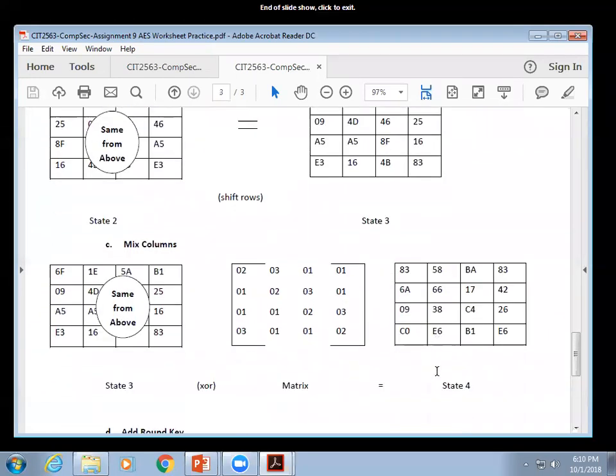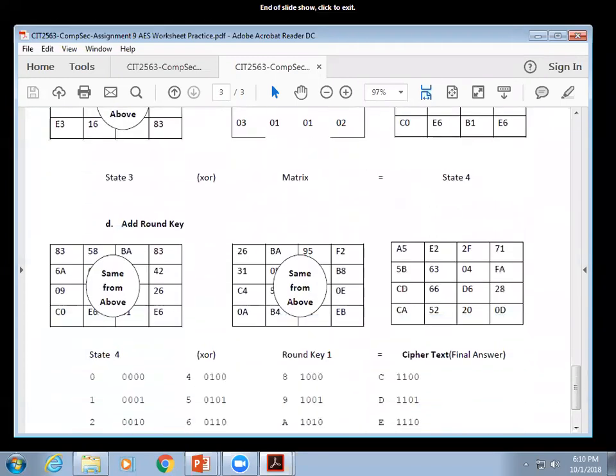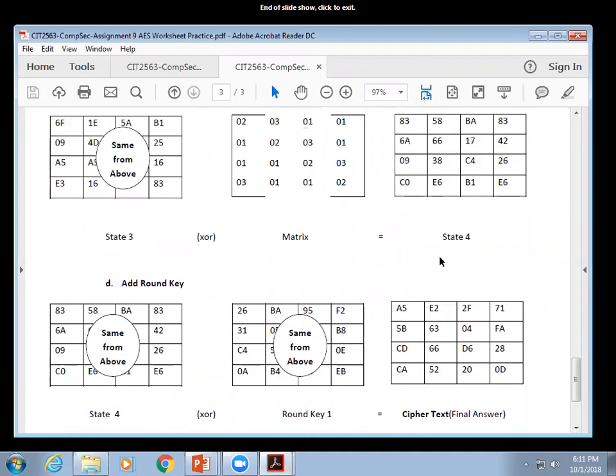Like I'll give you state 3, and you have to come up with state 4 using the matrix. Then I'll give you state 4, and you come up with the ciphertext, and I also give you the round key as well. So I give you these 2. That way, if you screwed up state 4, you don't have to worry about it, because the next question, I'm giving you a different state 4 and the round key, and it comes up with ciphertext.